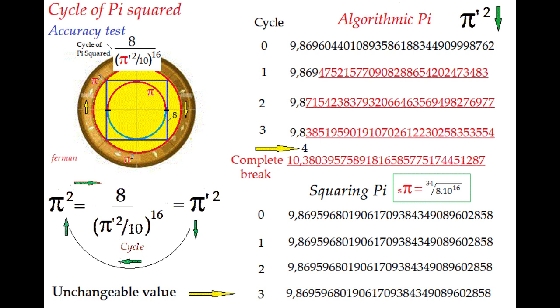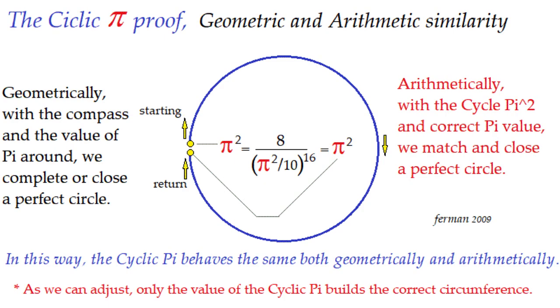And if we use only the approximate value of pi equals 3.14, the value of the cycle, pi squared, is destroyed in the first loop. On the other hand, the squaring pi remains intact, which in my point of view is a clear demonstration of its validity.